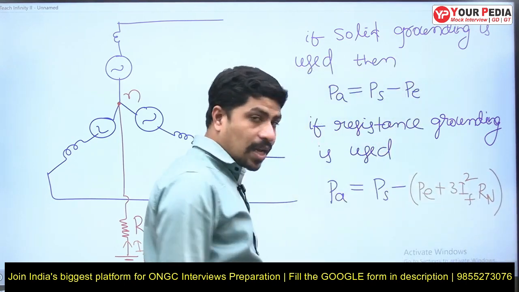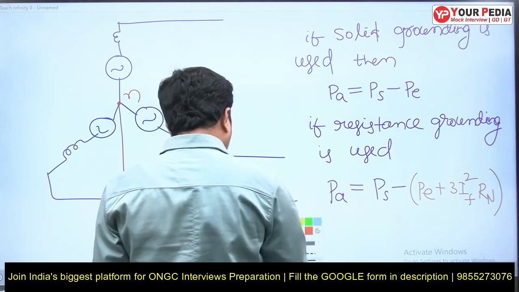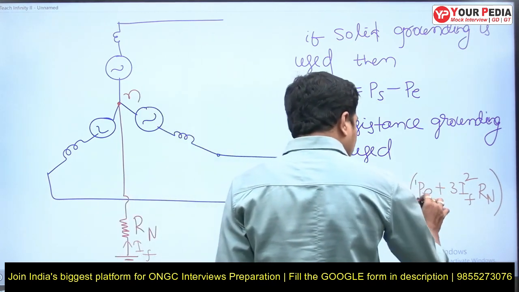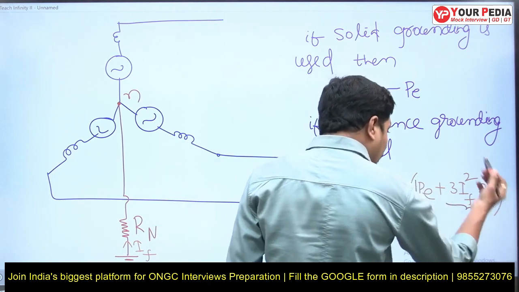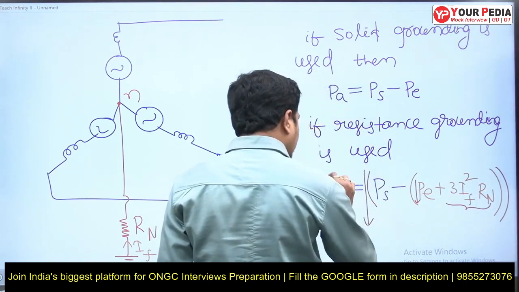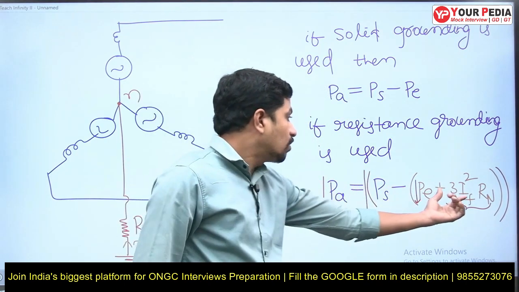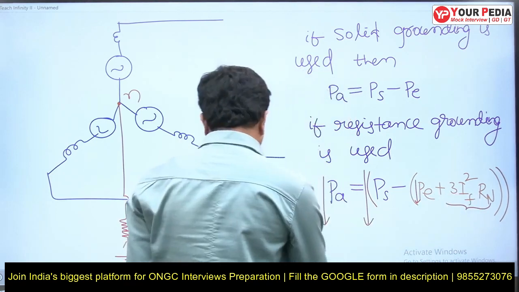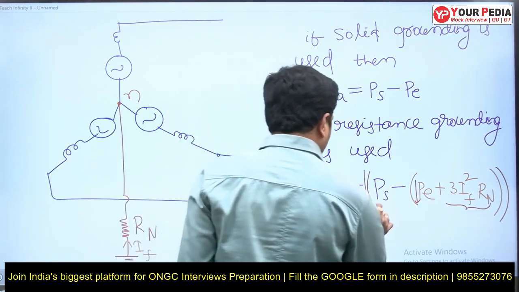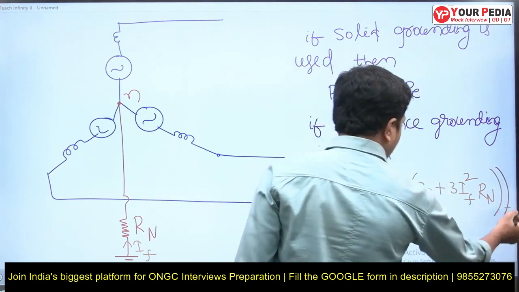Yes, IF square Rn. So during fault, PE is decreasing, but this term will be there, so that PA, the acceleration power, will decrease. Better take PE as 0 during fault.